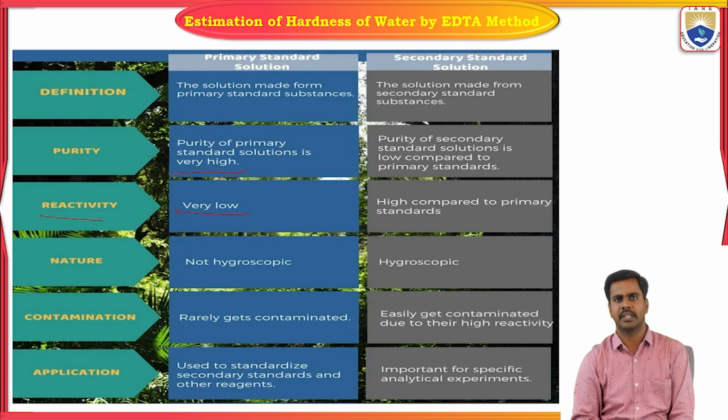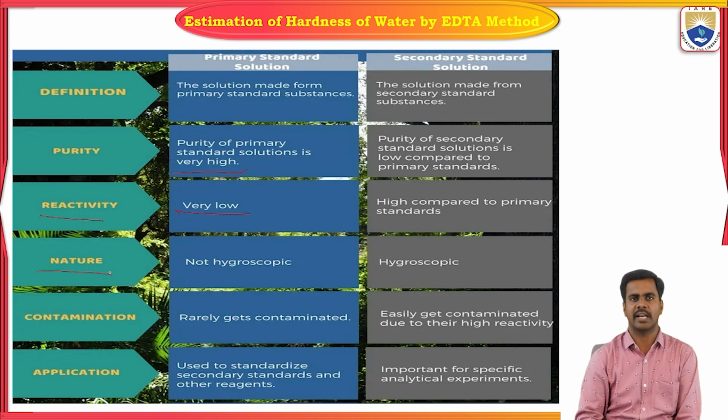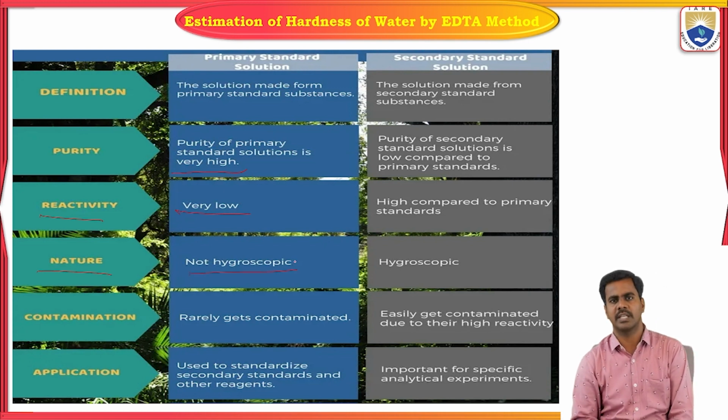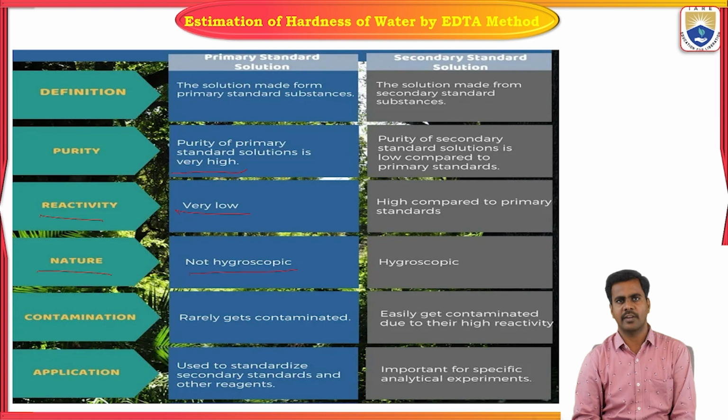Nature of the standard: a primary standard is not hygroscopic in nature, but a secondary standard is hygroscopic in nature. Hygroscopic means it simply absorbs moisture and loses its standard properties like molar weight, etc.